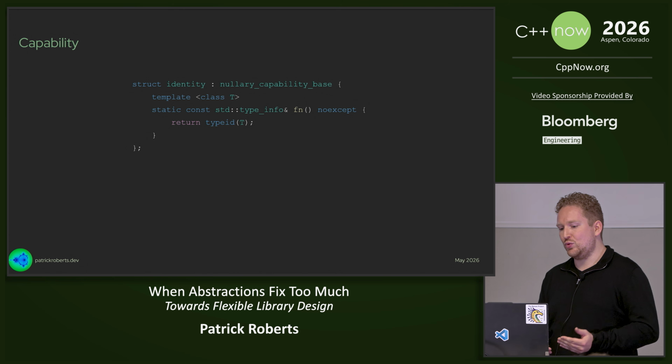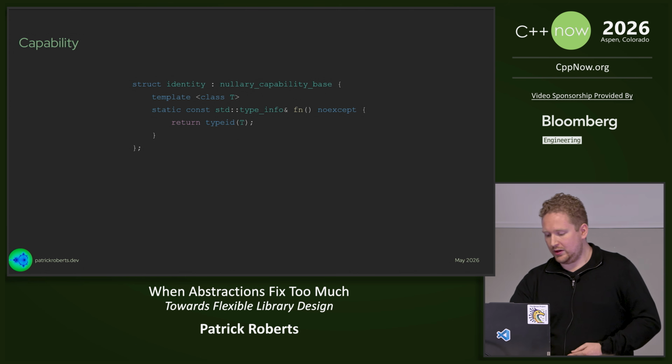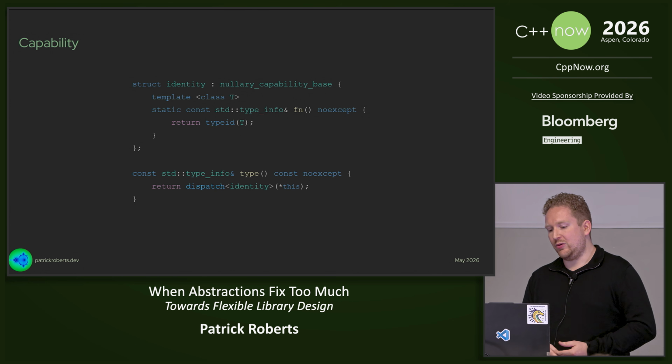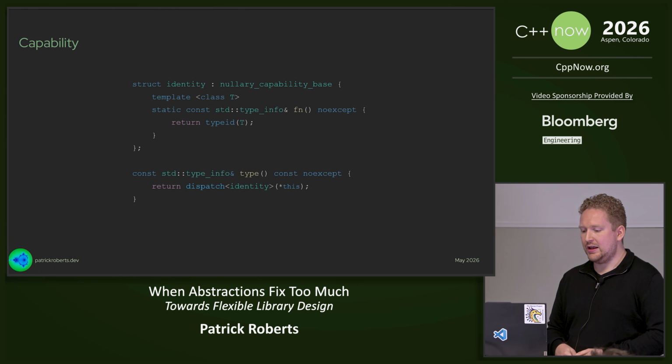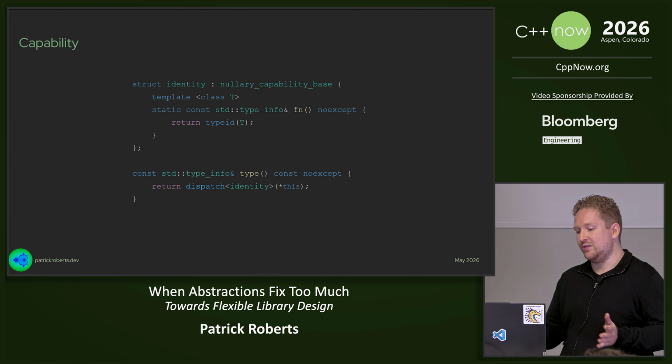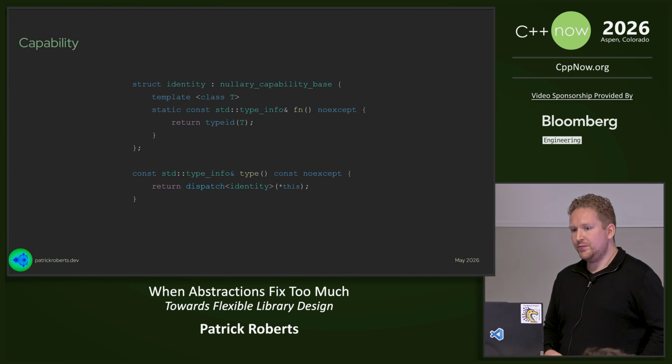So in this case, we're just querying the type ID of an object, and that's what this capability is intended to do. So yeah, you might define a type member function, and in that case, you would dispatch on the identity passing the this, which is the existential type, which is used to look up the implementation. But once that implementation is dispatched, it doesn't take any parameters.